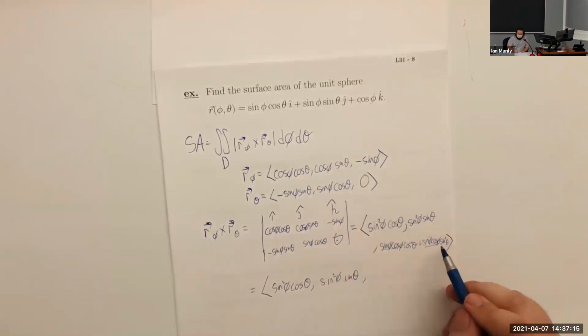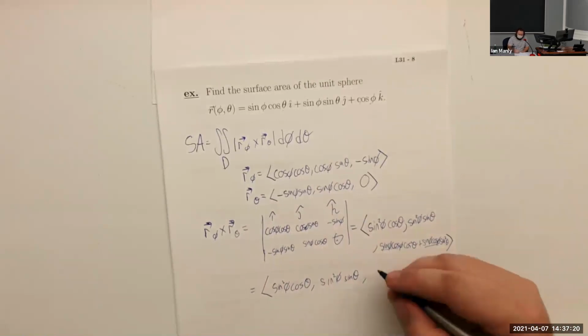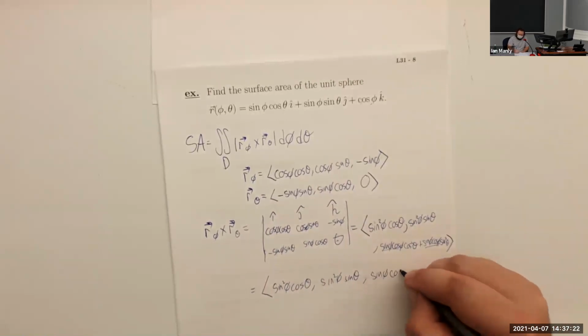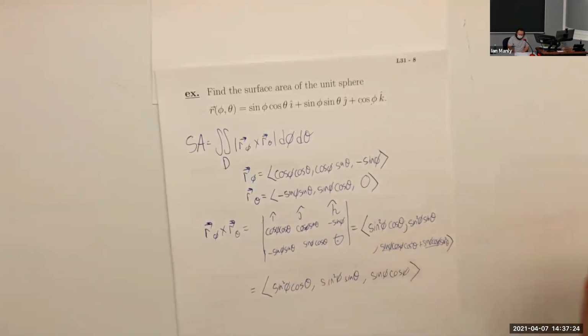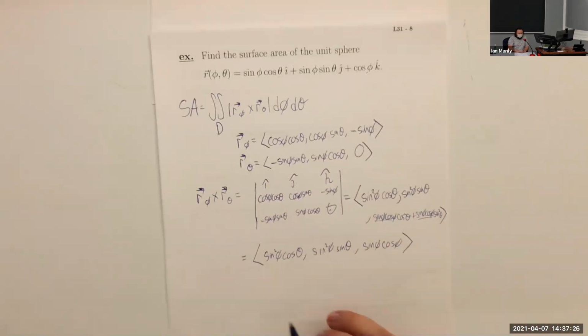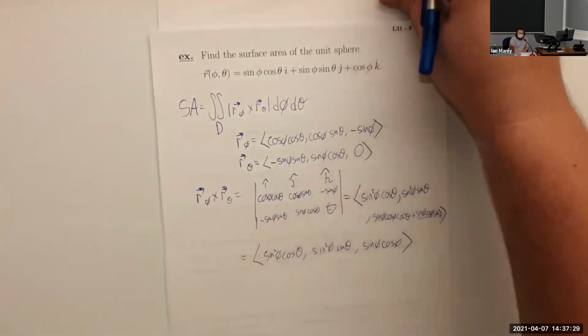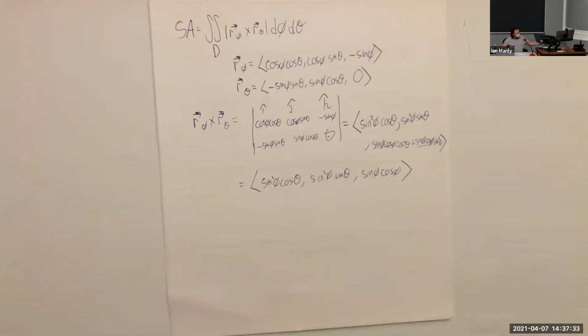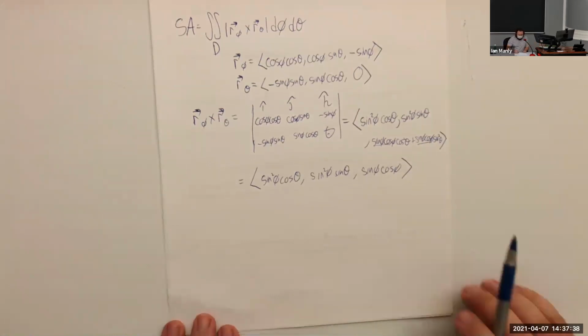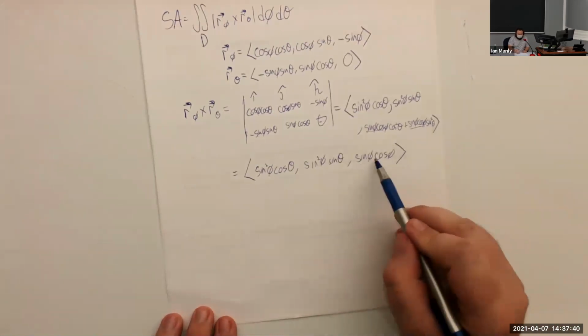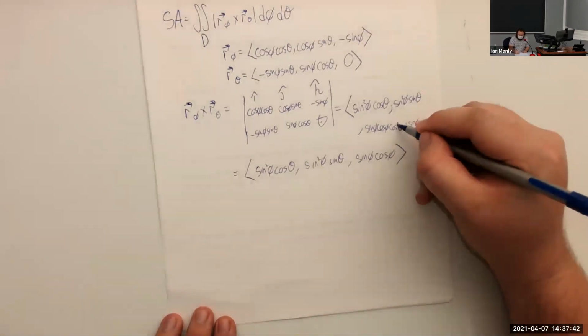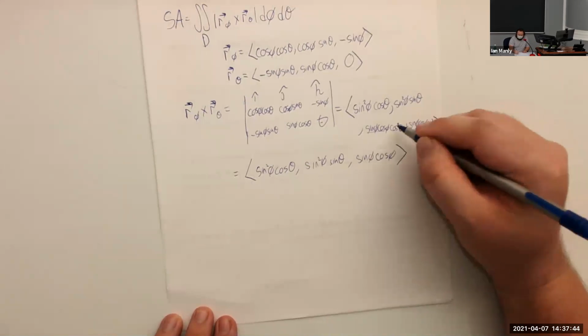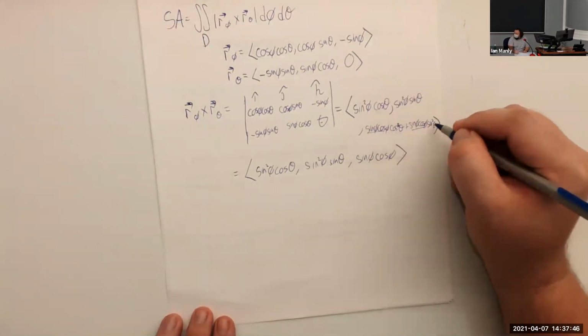And then, since this is a Pythagorean pair right here, this is just sine of phi cosine of phi. All right. Now remember, we don't want necessarily just the cross product. We want the magnitude of the cross product. So let's go ahead and do that. What does the k component say? It's sine of phi cosine of phi. And back here we had that, but it was part of a Pythagorean pair. So we have cosine squared and then sine squared right here.